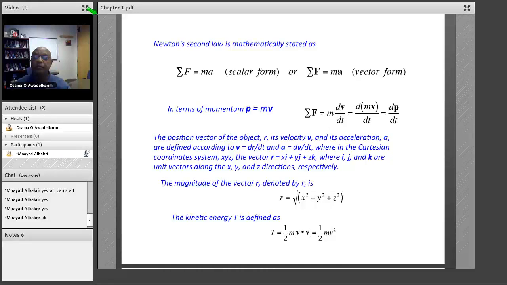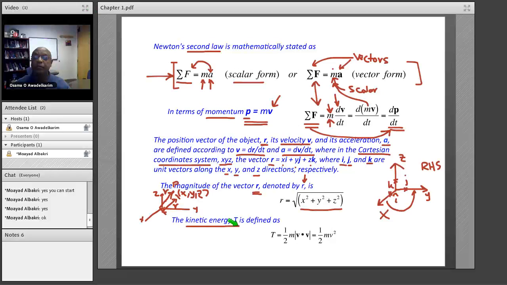Velocity of the object. So the kinetic energy is a scalar quantity, right? So it's scalar, it's not a vector. And this quantity has a magnitude which is half times the mass, the magnitude of velocity squared, which is the dot product of the velocity vector.